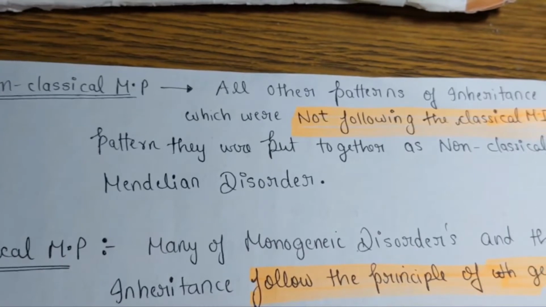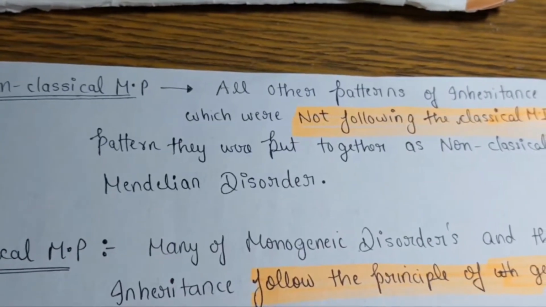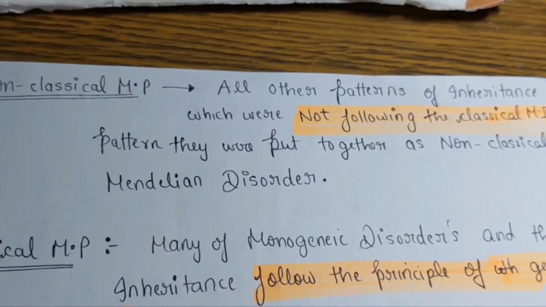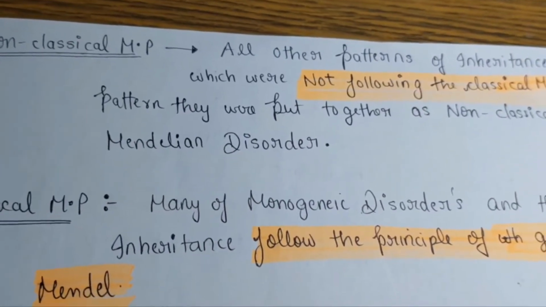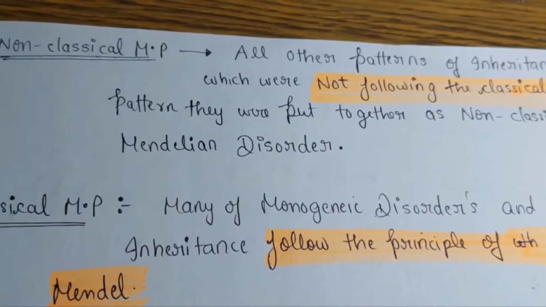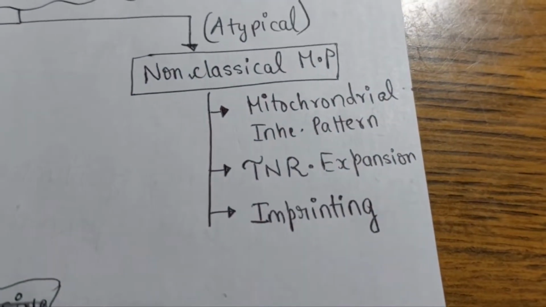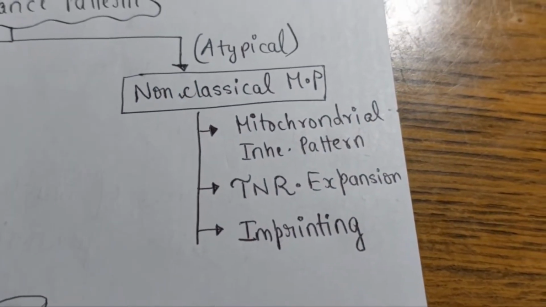In the non-classical pattern, all the other patterns of inheritance which do not follow the Mendelian laws were put together, and we have seen their examples already as trinucleotide repeat, mitochondrial inheritance pattern, and imprinting.